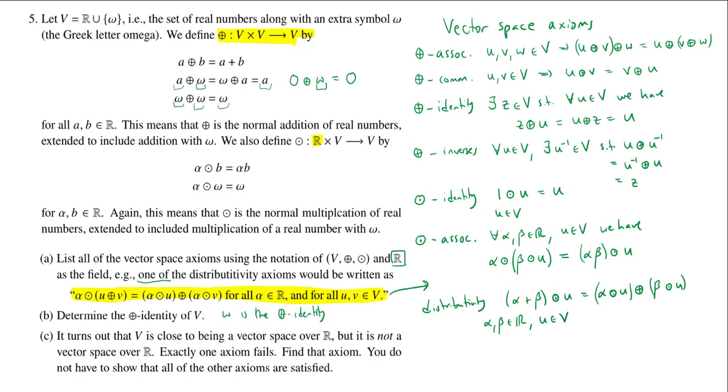How bizarre. All right, the last problem says it turns out that V is close to being a vector space, but it's not a vector space. How disappointing. And amazingly, exactly one axiom fails. This is crazy. If you check all of these, only one axiom is going to fail, and we need to find that axiom.